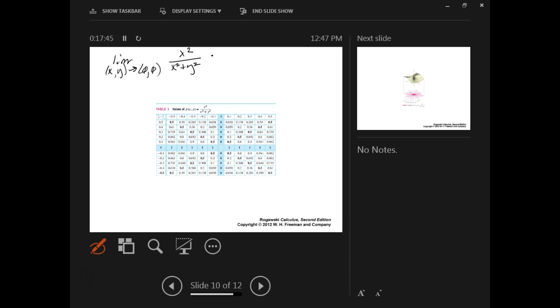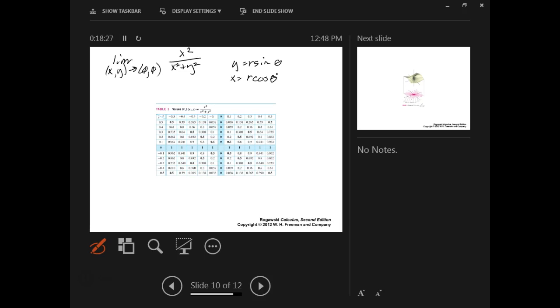In polar coordinates, just a reminder, hopefully you remember this, y is equal to r sine theta, and x is equal to r cosine theta, for any radius you have, because sine theta is always opposite over hypotenuse, which is r, and cosine is adjacent over hypotenuse, which is x over r.